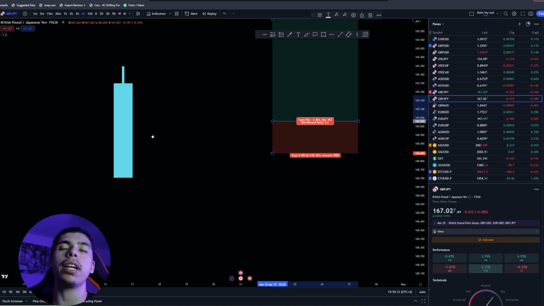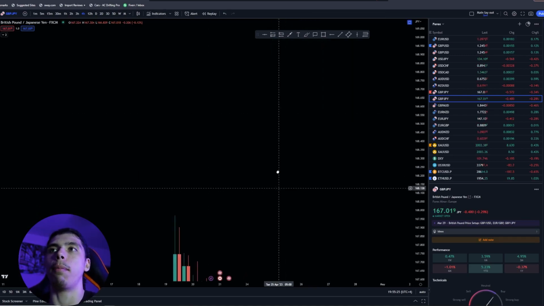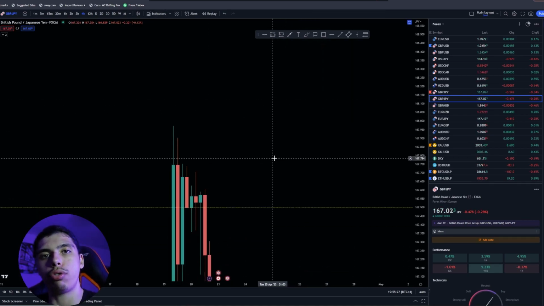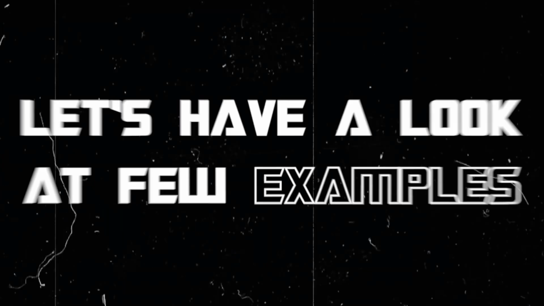So if there's a 15-minute candle with no bottom wick, we can actually take the trade because we can trust our stop loss, right? And that's where it becomes important, because if you're expecting volume to continue your trade, you don't have to worry about a bottom wick. But if you're trying to hold the trade longer and on higher time frames, at some point it will probably make a bottom wick. So let's go on the chart and have a look at a few examples where there's no bottom wick.